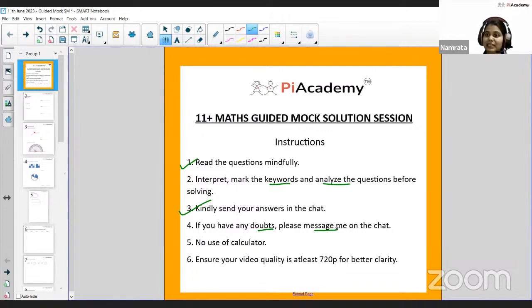Please do not seek any external help from your family members or the internet. Try solving all the questions on your own. If in case you aren't able to, I'm always there to help you out. Ensure that your video quality is at least 720p for better clarity. I hope we can begin with the questions.